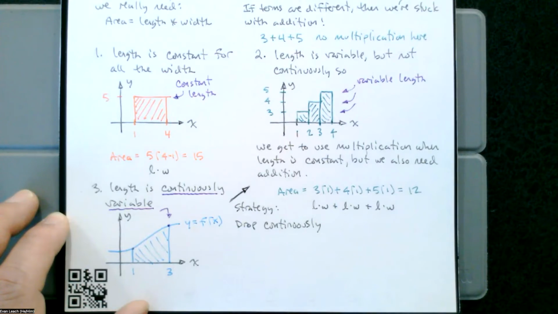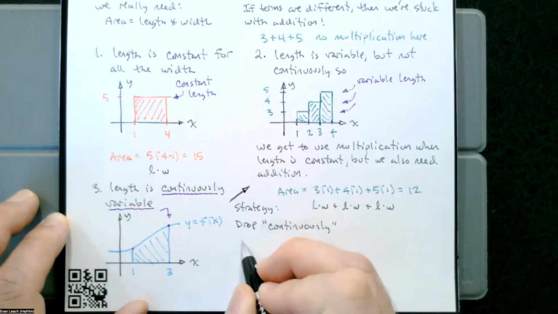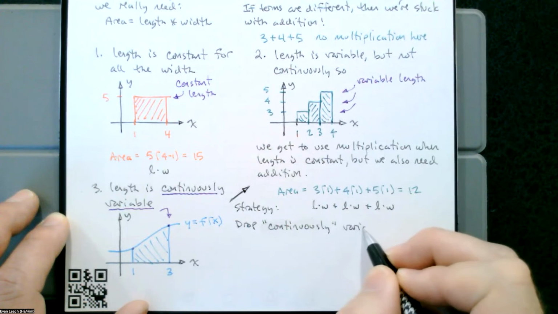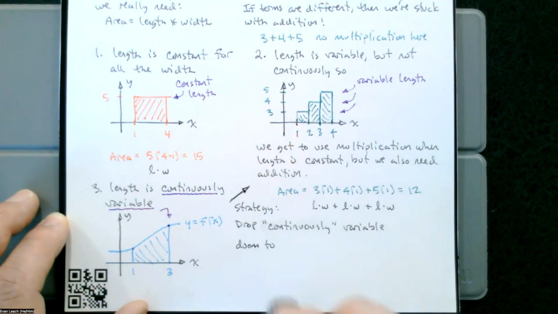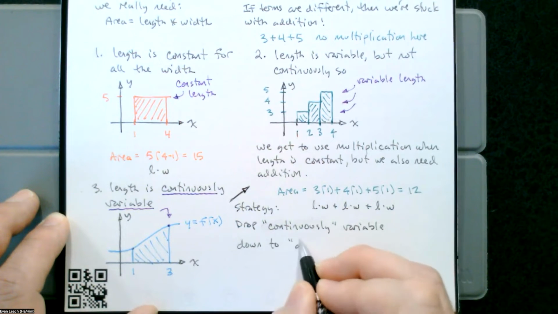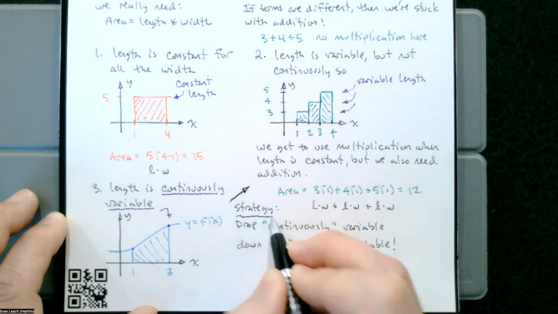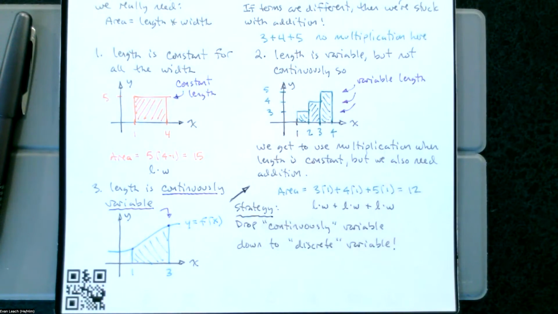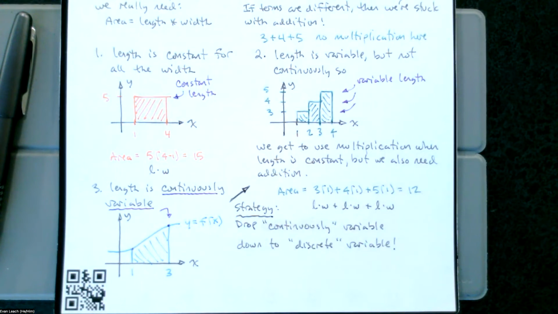Our strategy is to drop the continuously variable case down to the discretely variable case, and then take the limit as the number of rectangles goes to infinity.